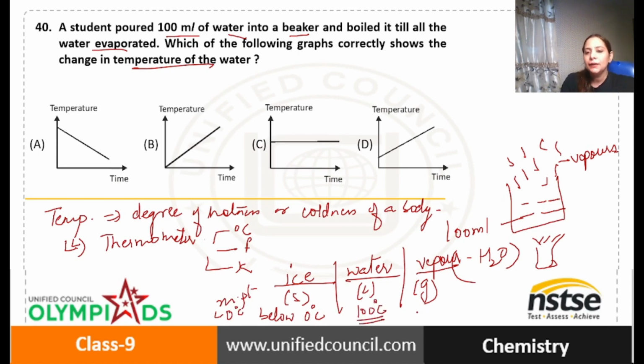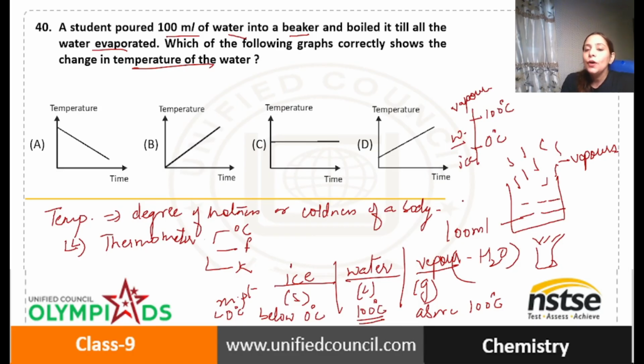Above 100 it forms the gaseous state. So if we divide the scale, below 0 degrees Celsius you get ice, between 0 and 100 you get water, and above 100 you get vapors or steam.